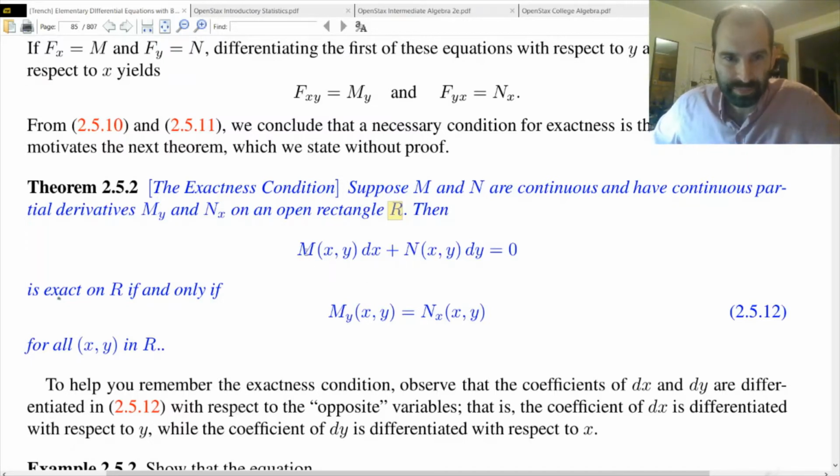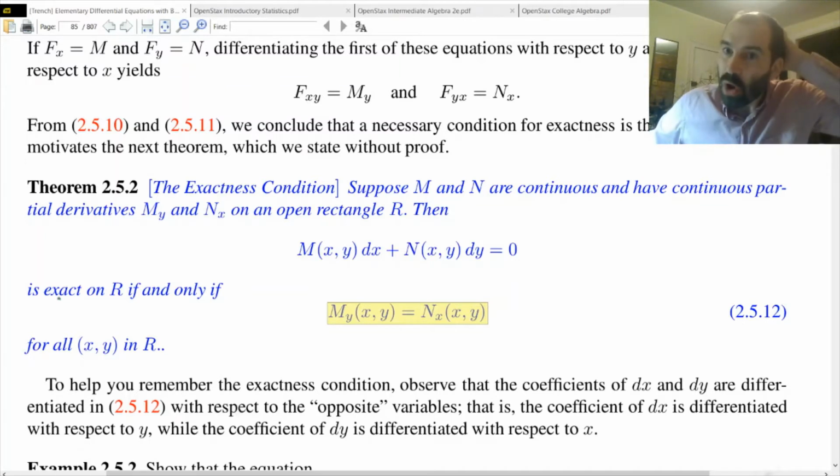Then this differential equation is exact on that rectangle if and only if the partial derivatives are equal throughout the rectangle. So in other words, we can expect to find a solution if these partial derivatives are equal.